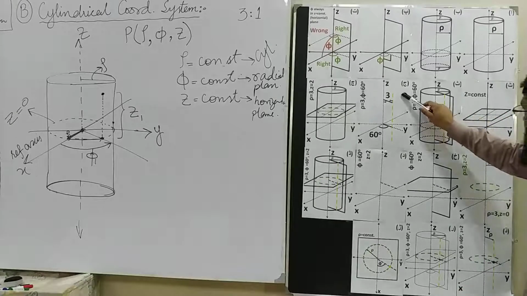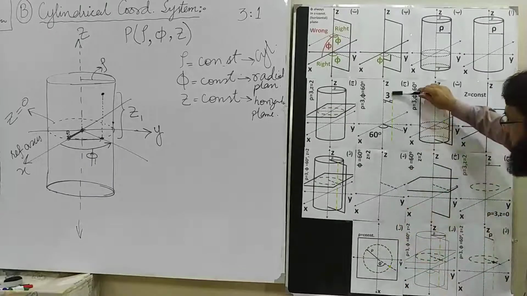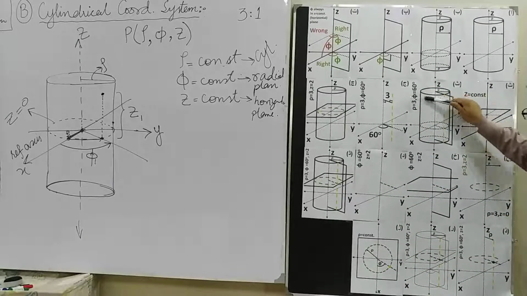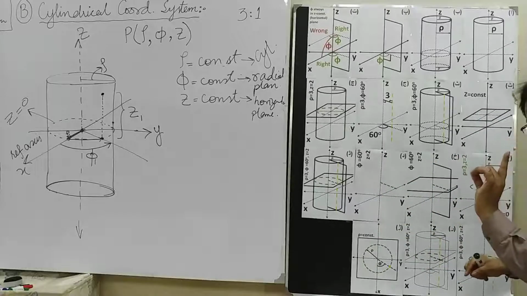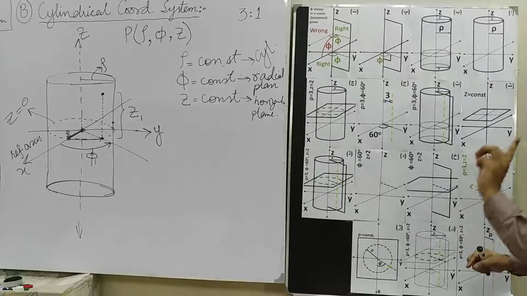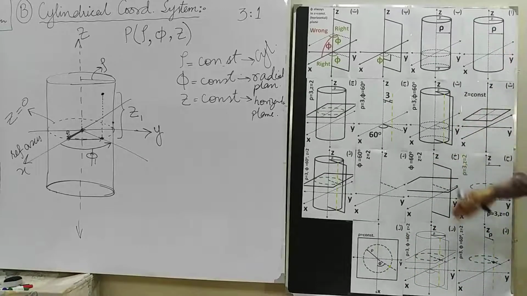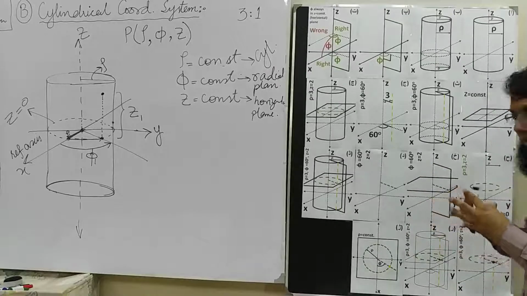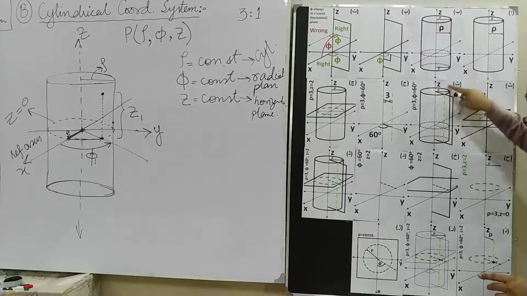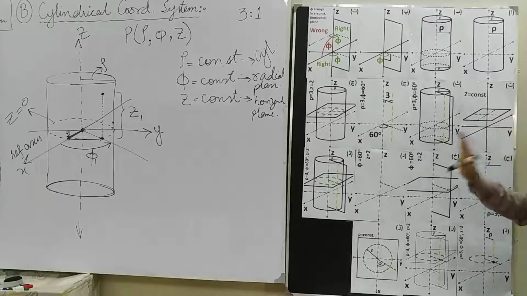Now in figure G, I have just shown you the resultant of two intersections. So how is a line defined here? We are defining a line in terms of the fundamental shapes. In the cylindrical coordinate system, vertical lines are nothing but the intersection of rho equals constant cylinders and phi equals constant radial planes.